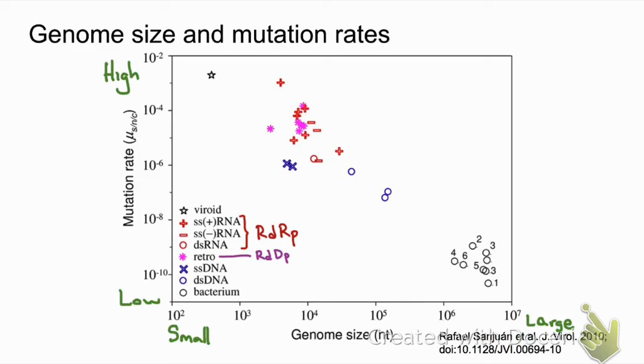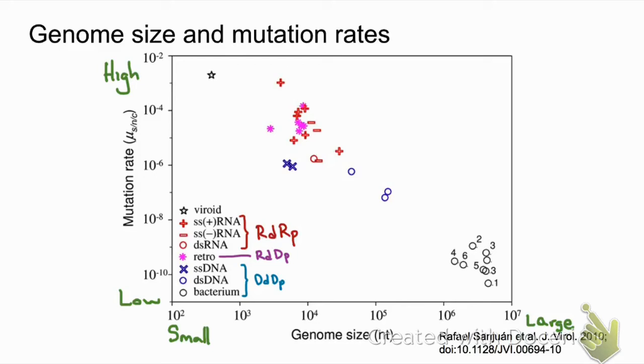This is also the specific name for what we call an RNA-dependent DNA polymerase. In other words, it takes an RNA template and turns it back into DNA. It reverse transcribes it. And then at the bottom here in blue and black, we're looking at viruses and bacteria that encode a DNA-dependent DNA polymerase in order to replicate their genome.